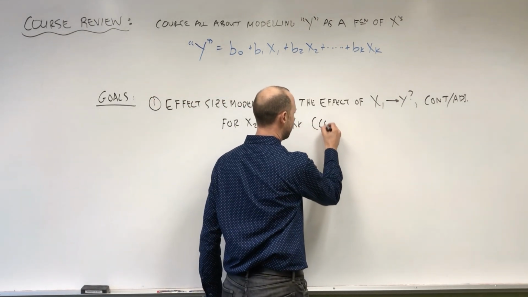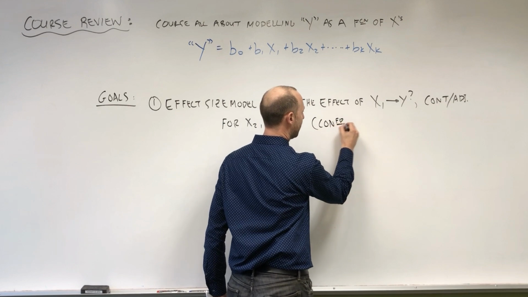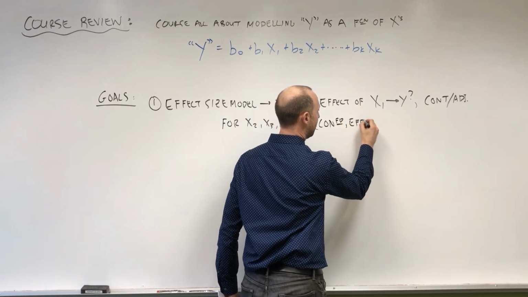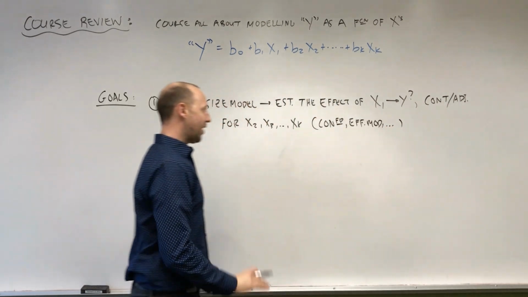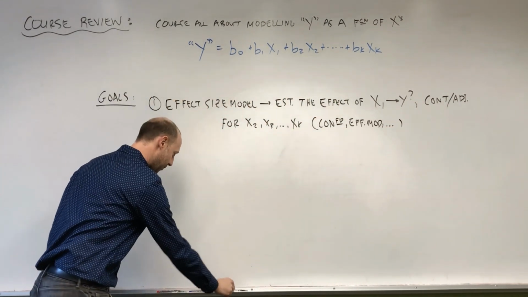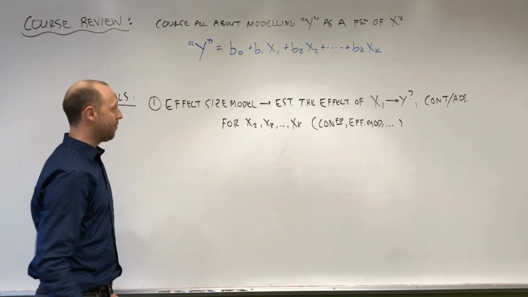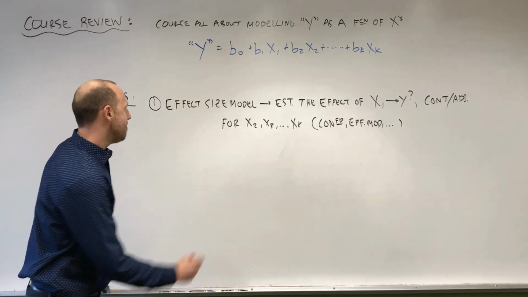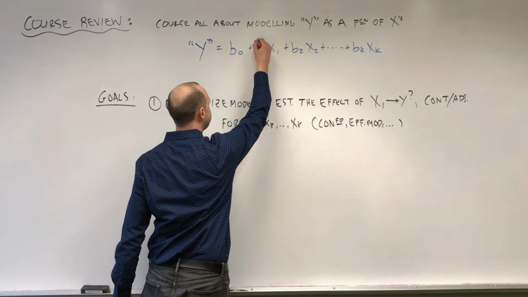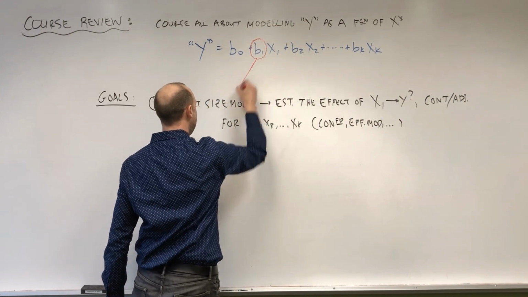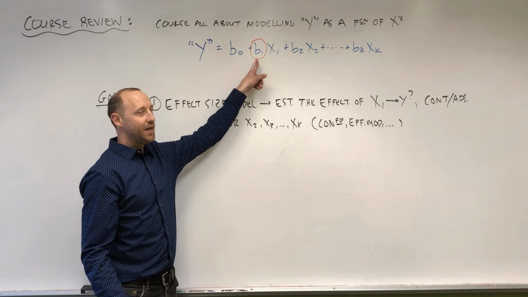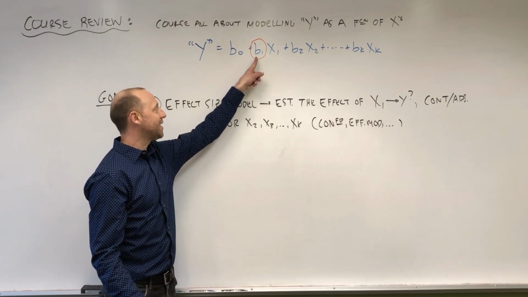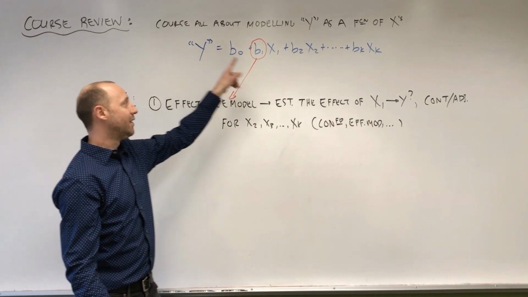So adjust for things like confounders, deal with effect modifiers, and so on. We talked about different types of variables we might want to include or exclude from an effect size model. So really, the goal there is trying to estimate B1, get an unbiased or least biased estimate of the effect of x1 on y, controlling for other variables.